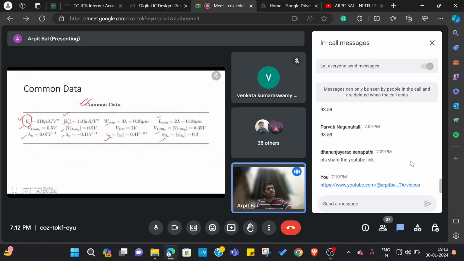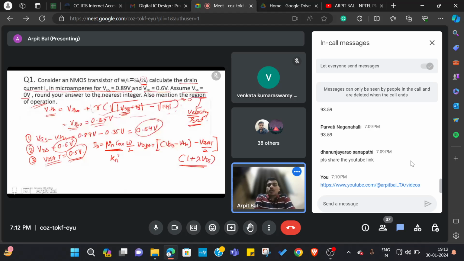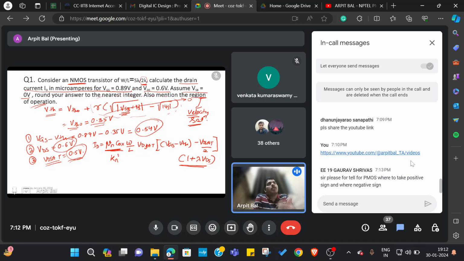In this case, we used the common data that was given to us, and you figure out which is the minimum of these three, provided your device is NMOS. Had it been PMOS, you need to consider the maximum. So please be careful while solving the numericals in this way. The concepts that we are clearing will not only be helpful for solving your assignments, but also for the future exams that you are going to write.